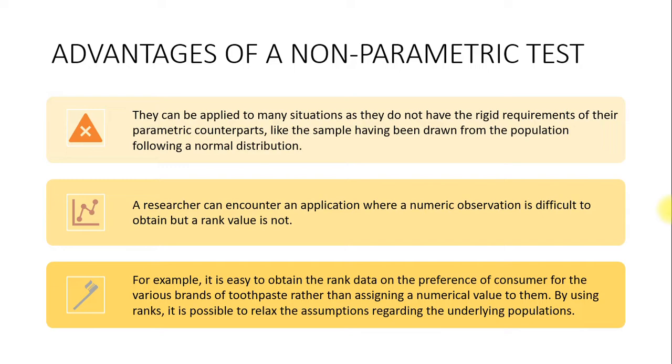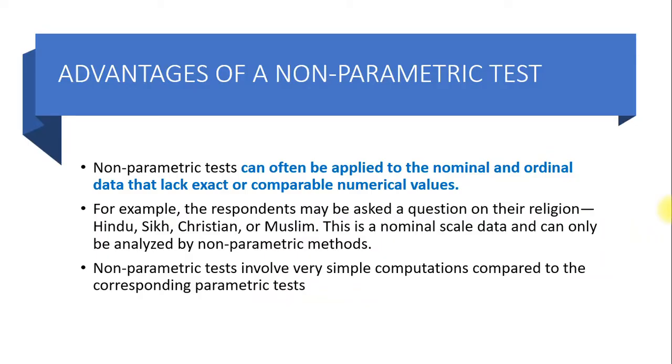For example, it is easy to obtain a rank for a preference of consumers, and in such a case, you could apply a chi-square test on these ranks.